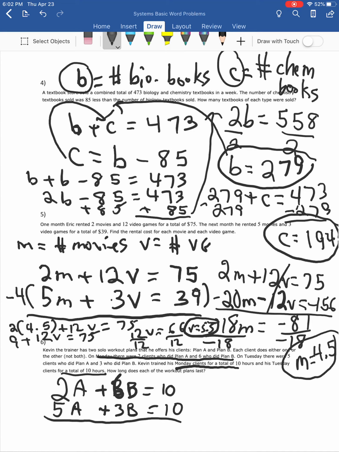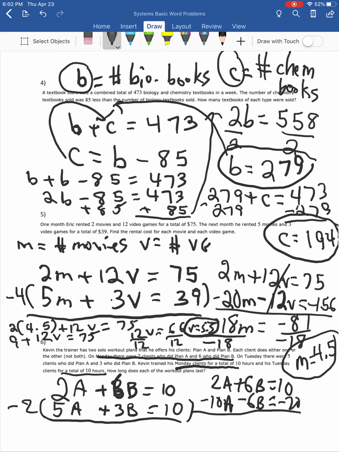So what I'm going to do is I see elimination is going to work well here. I'm going to multiply the whole bottom by negative 2. So we have 2A plus 6B equals 10. Negative 10A minus 6B equals negative 20. So negative 8A equals negative 10. A is going to be 1.25.